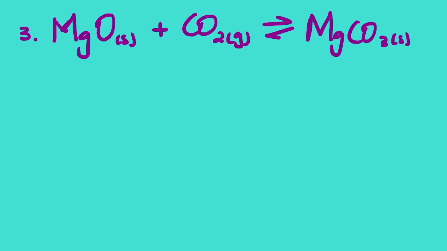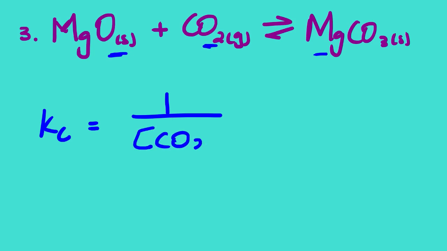Our next example. So we have Kc is equals to, we can see that this is solid, so we cannot write anything. So we're going to put 1 here, divided by. This is also solid, we cannot include it also, so we are left with this one, which is CO2.